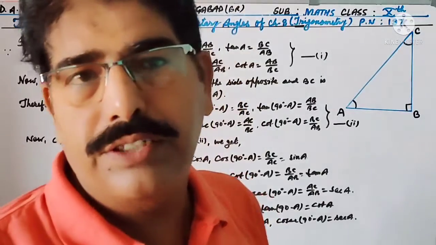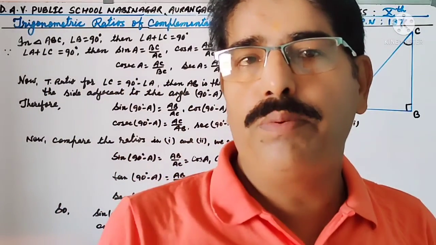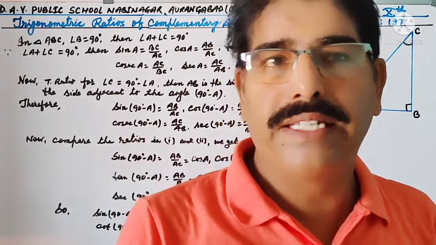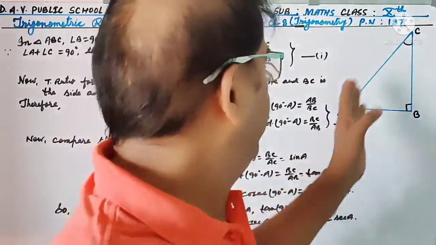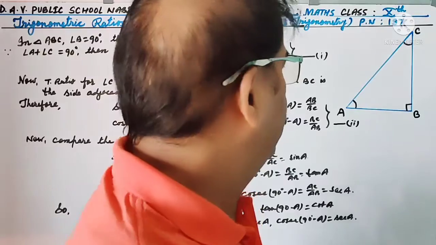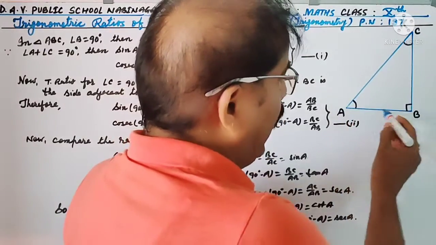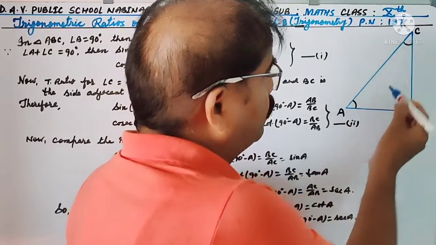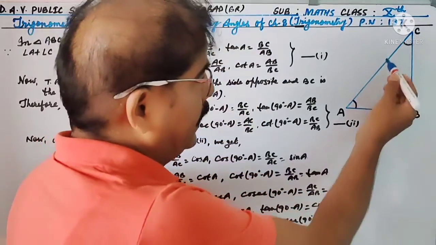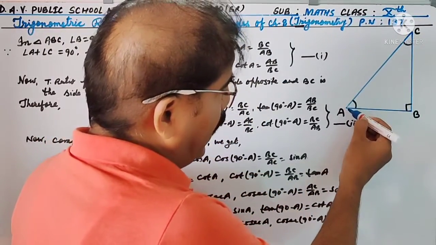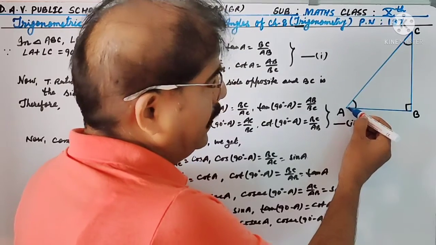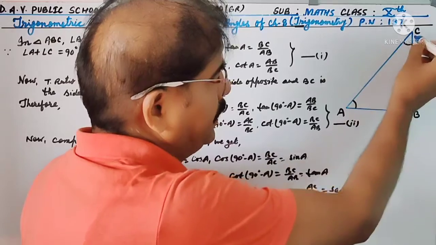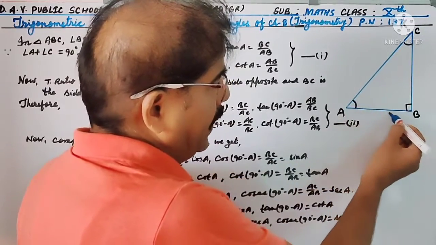Dear students, we know that two angles whose sum is 90 degrees are known as complementary angles. Suppose ABC is a triangle with angle B equal to 90 degrees, then angle A plus C equals 90 degrees. For angle A, the side opposite to angle A is BC and the adjacent side is AB.